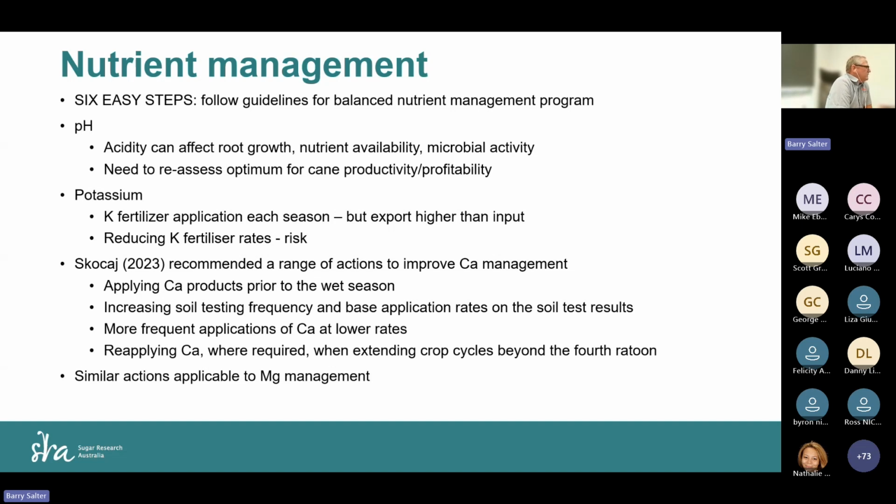And if you're going beyond the fourth return, think about whether you need to reapply calcium. In some cases, in those wet tropic regions, some old returns are probably suffering from calcium deficiencies. In terms of magnesium, the recommendation is similar to what Danielle proposed for calcium.